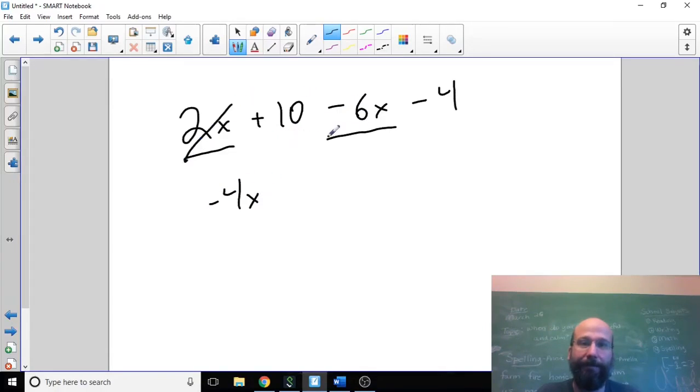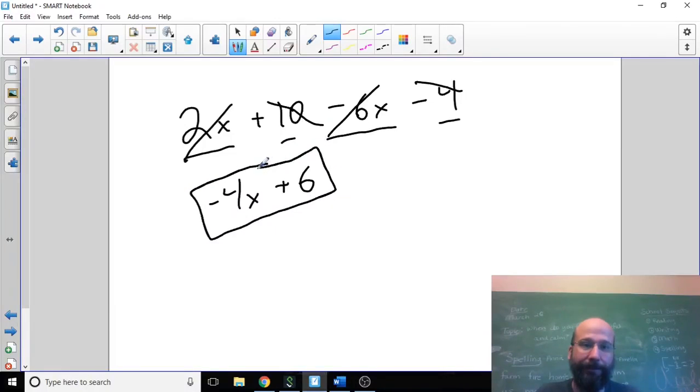Now we have 10 and negative 4 left, and we can add those because they're just numbers. So 10 minus 4 is 6. So we took care of that too. We have nothing left. This would be our final answer.